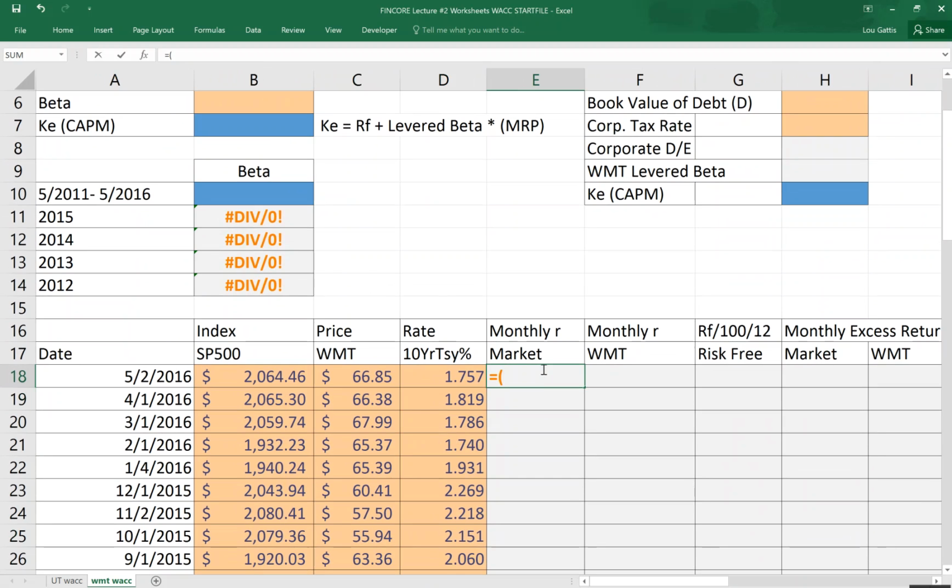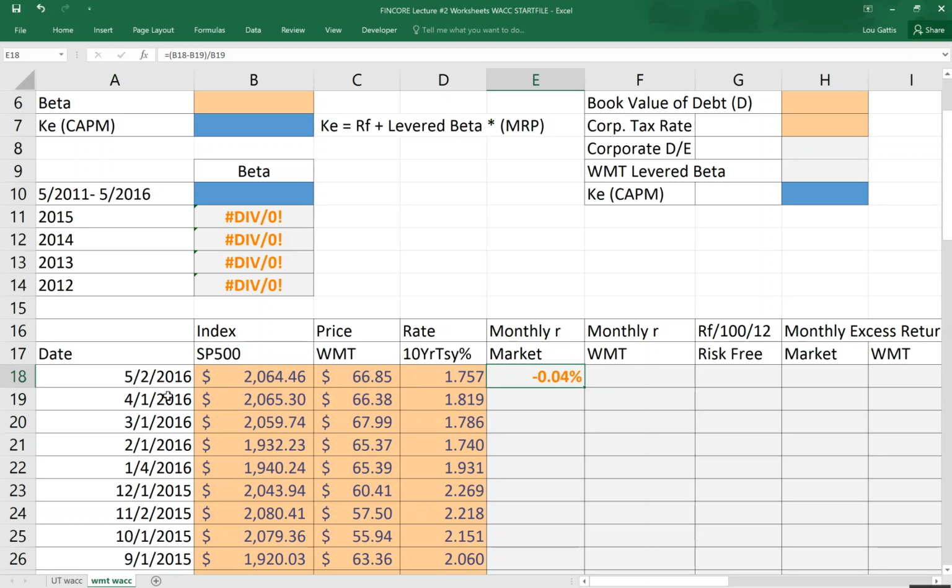I'm going to take Walmart's closing price in May minus Walmart's closing price in April, divided by Walmart's closing price in April. That's our percent change formula: new price minus old price over old price. Whoops, we're actually doing the market first, so I'm going to slide these over here. The monthly return of the market is the new price of the market minus old over old.